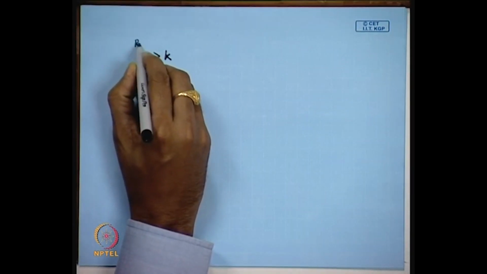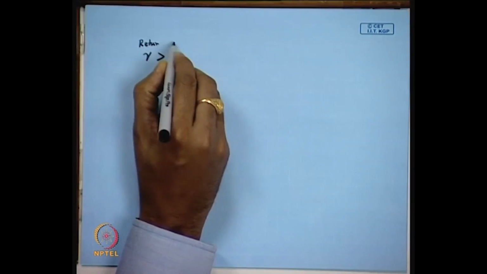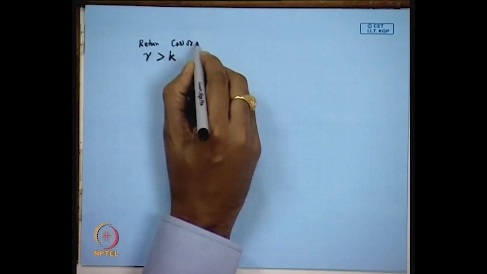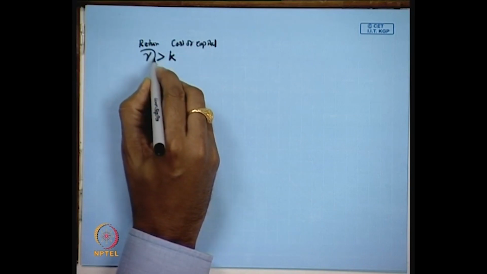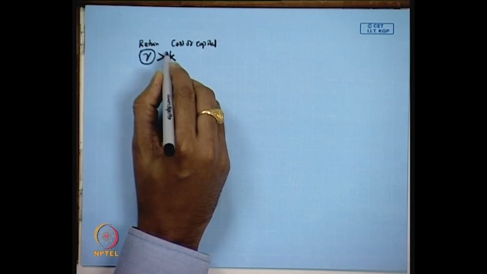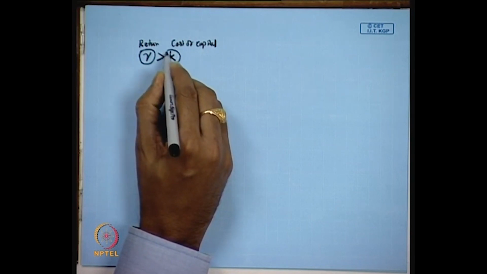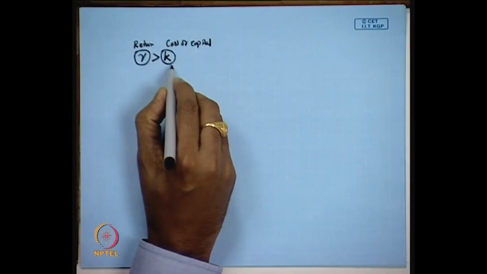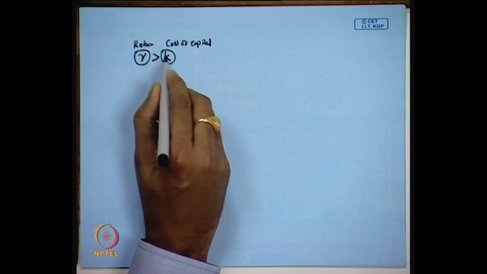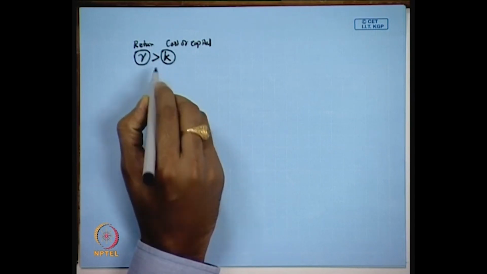If a particular company is earning a return on the investment, and there is the borrowing rate or the overall cost of capital, which depends upon the equity as well as the debt or other sources of finance, as long as this return R is more than the cost of capital, that means the industry is an attractive proposition. Every investor looks for an opportunity where the return is more than what is expected by the investors.